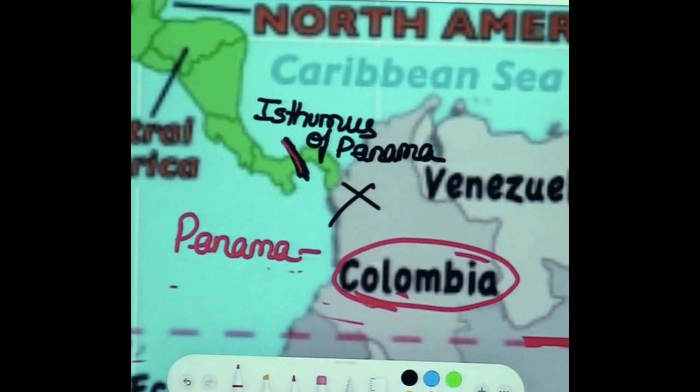The Isthmus of Panama is this narrow part of land where we have developed what is called the Panama Canal. We'll be talking about the Panama Canal in detail.